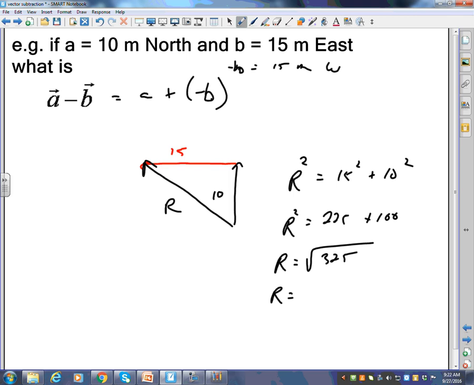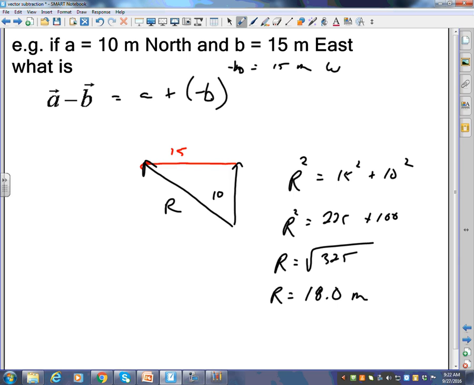Someone want to help me out here? It's probably like 17.8 or something. Square root of 325. 18.0 meters. Not worried about it.